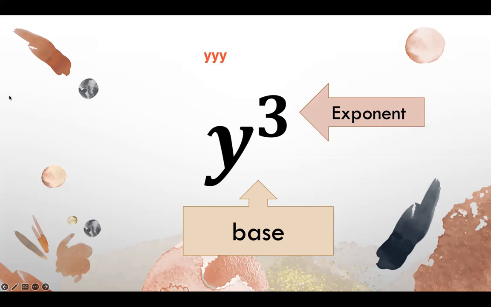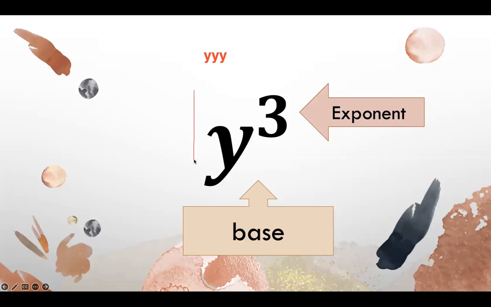Okay, I also want to tell you that all letters or variables in algebra, it is understood that they have 1 as their numerical coefficient. We will talk about this further in our future topics.